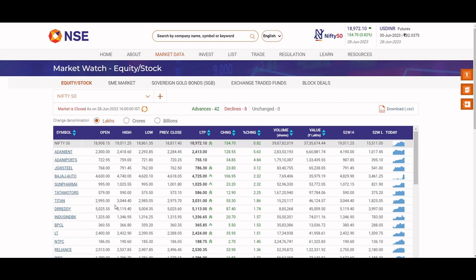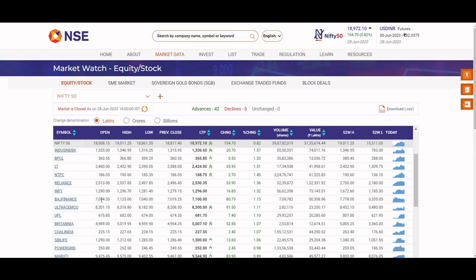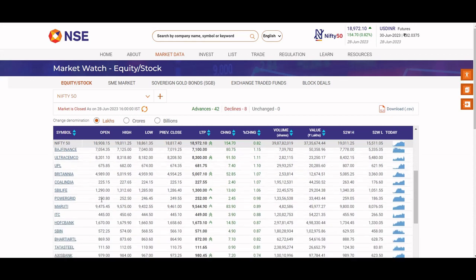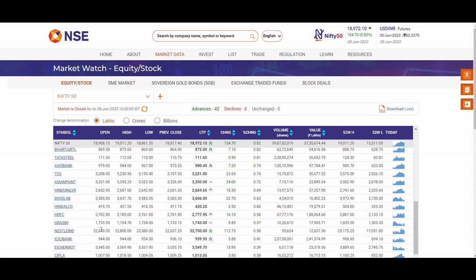You have to calculate it like that for all the 50 stocks out of the 10,000. But here the problem is, if you want to invest only 10,000 rupees per month or 20,000 rupees per month, Adani Enterprise itself is trading around 2,300, and one share of Bajaj Auto is around 4,630 rupees. Bajaj Finance is around 7,000 rupees, and Nestle India is trading around 22,670 rupees.